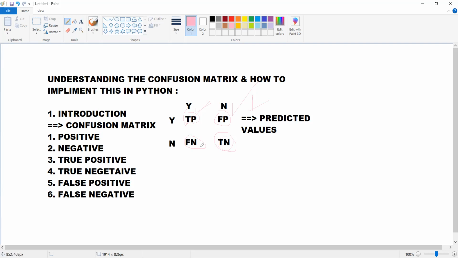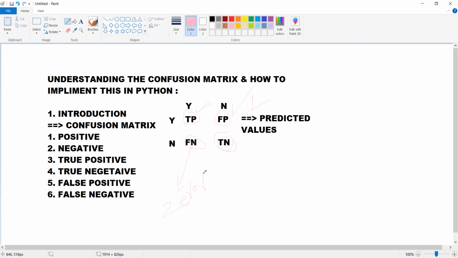What is false negative? This is also called the type 2 error.